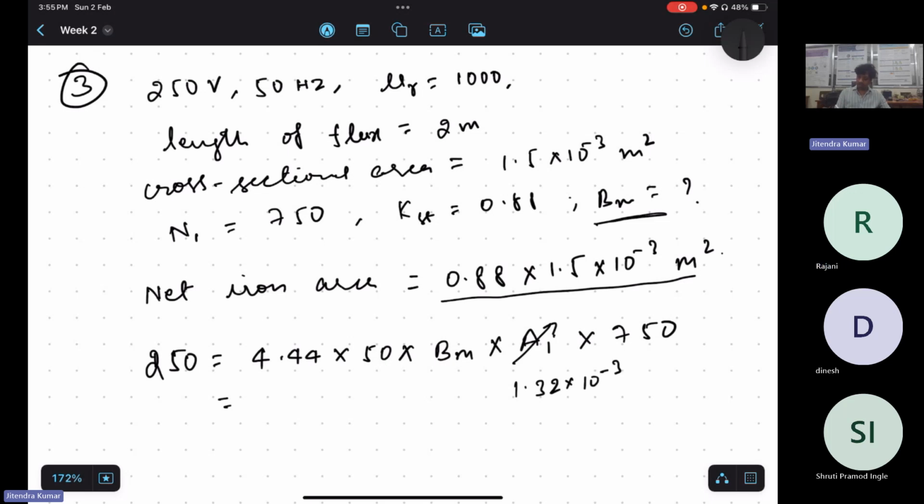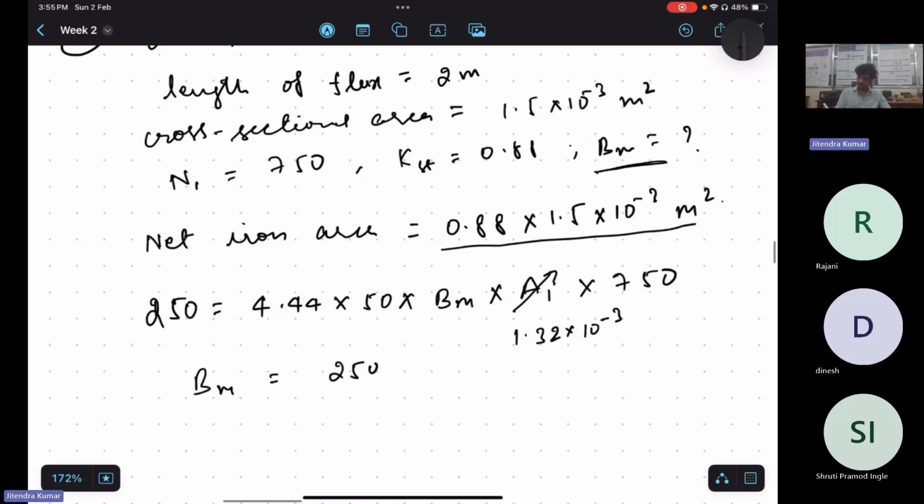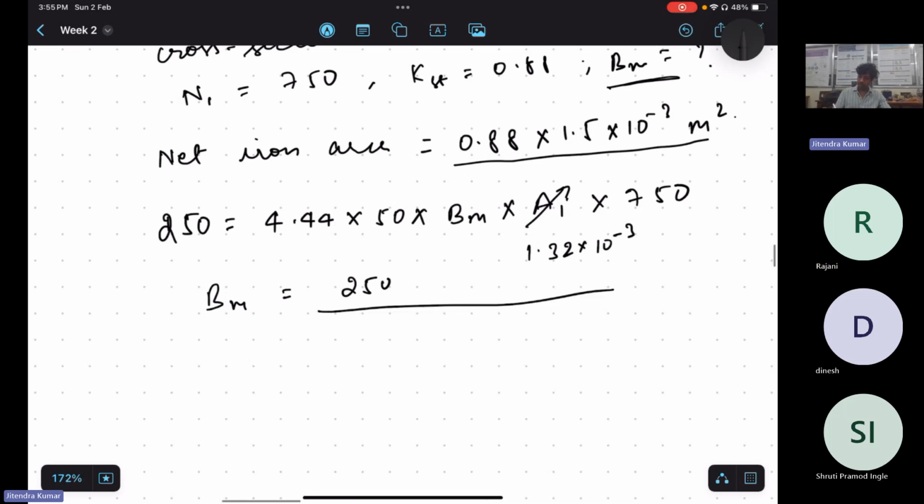So can we calculate Bm now? Bm is equal to 250 divided by 4.44 into 50 into 1.32 into 10 to the power minus 3 into 750. Let me calculate it.